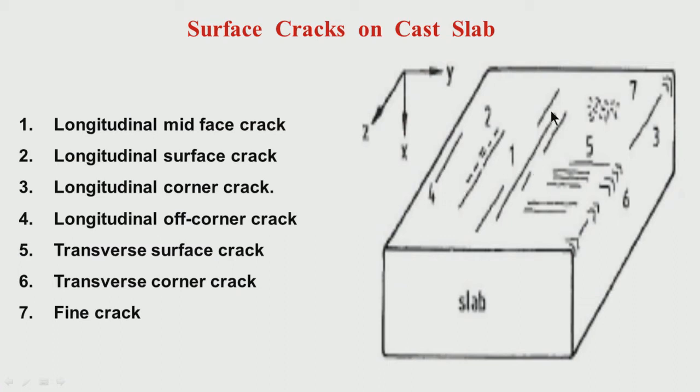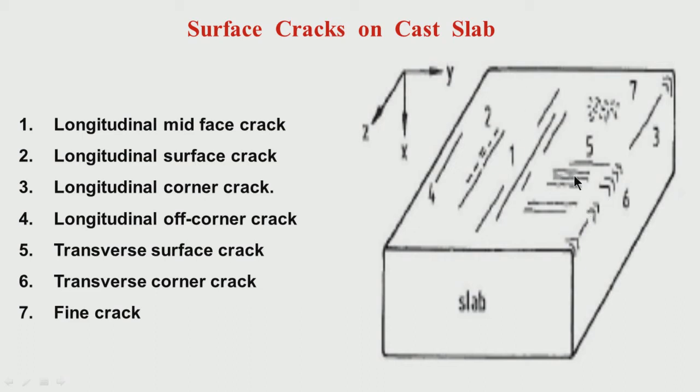We may have mid face crack at the mid region of the surface. We may have normal surface cracks at any location, not exactly at the mid, not at the corner, but the orientation is longitudinal, so longitudinal surface crack.